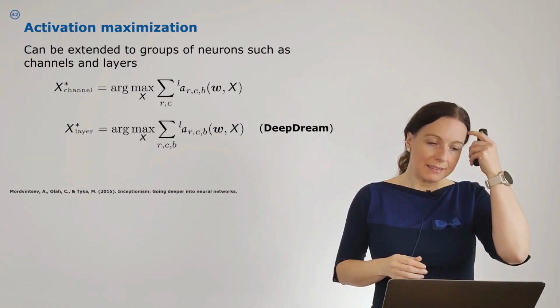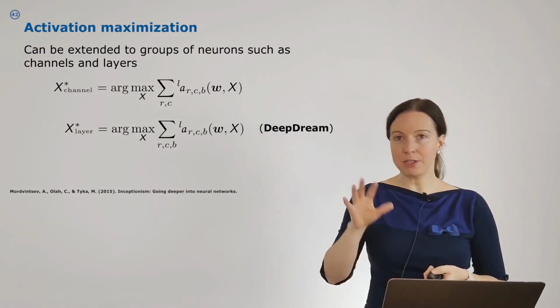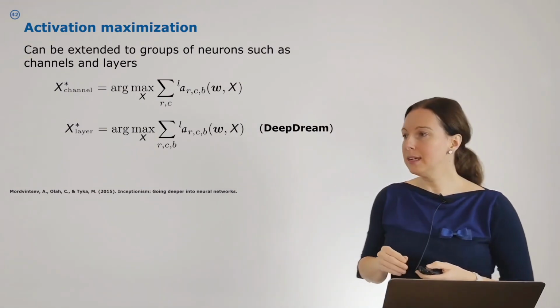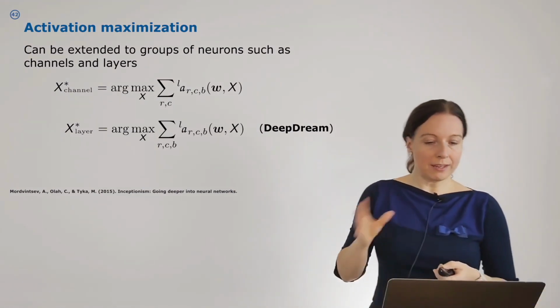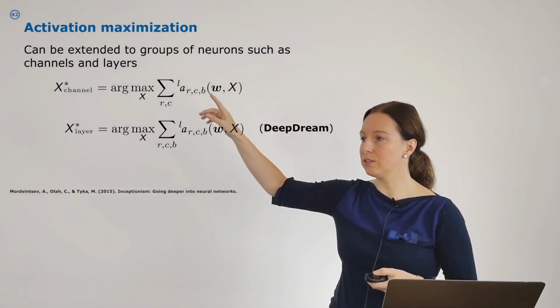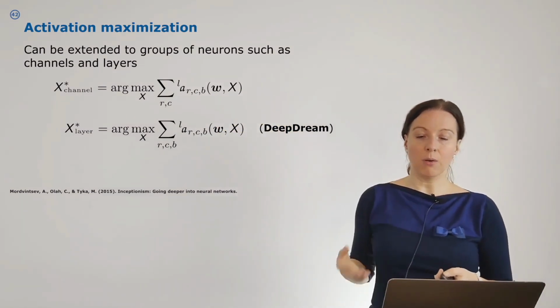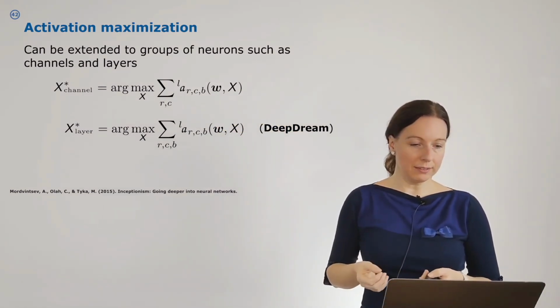And this can be extended to groups of neurons such as channels and layers. I mentioned it already a little bit, and here we make it a little bit more explicit. Here you can also see the indices R, C, and B. R and C are the row and the column, and B is the channel.